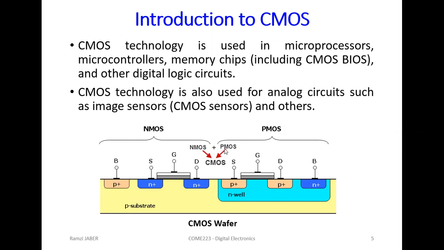Because they are complementary, when we put NMOSFET with PMOSFET together, we call it CMOS. Okay? So this is the advantage of CMOS. We will see more advantages, of course.